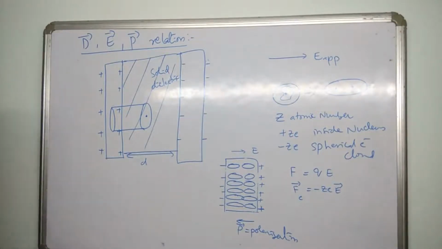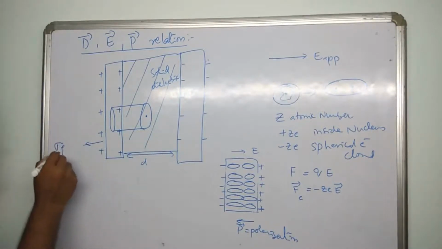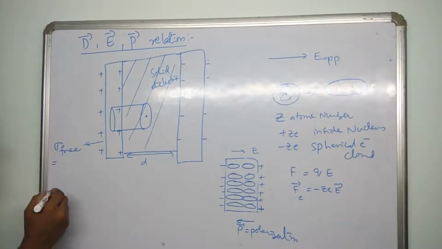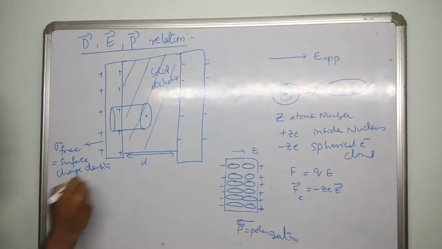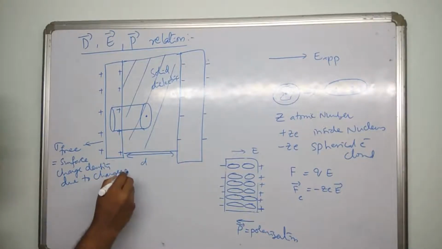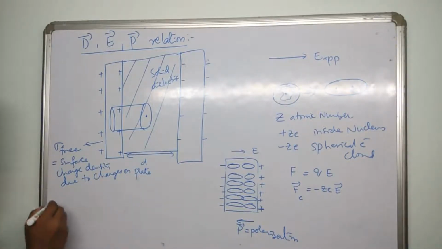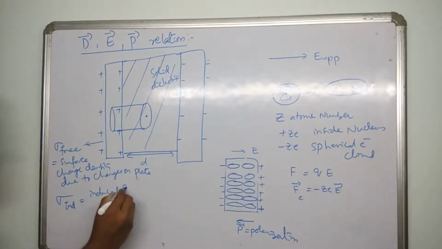So as there are some positive charges, I'm going to get what I'm calling sigma free. Sigma free is the surface charge density due to free charges on the capacitor plates, the metal plate. Now I'll define another parameter, sigma induced, which is nothing but the induced surface charge density on the dielectric.